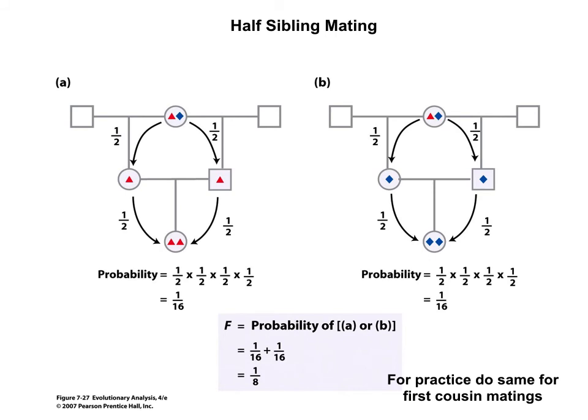What this does is it adds to that baseline level the probability that the individual will be homozygous for a particular allele by that fraction. So in this inbred individual, the result of half-sibling matings, she is going to have, on average, 1/16 of all of her genes.